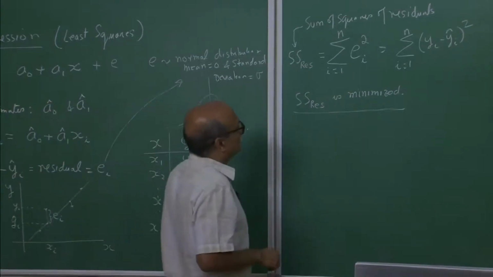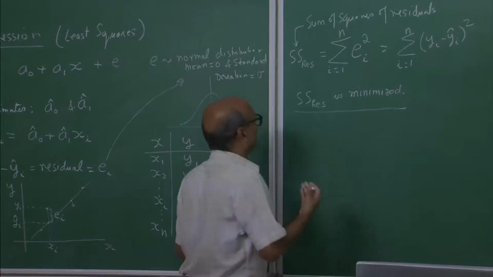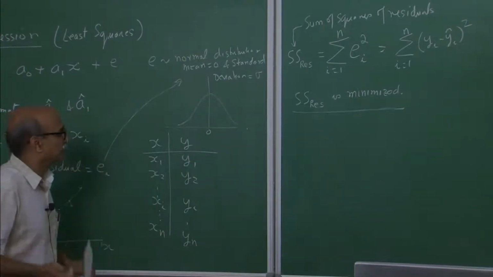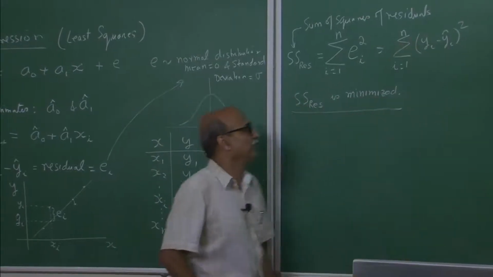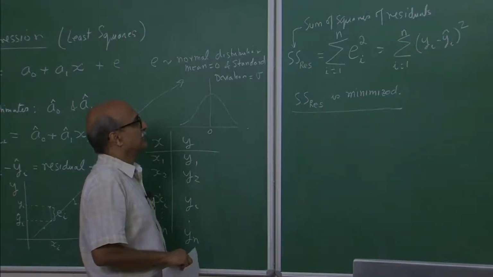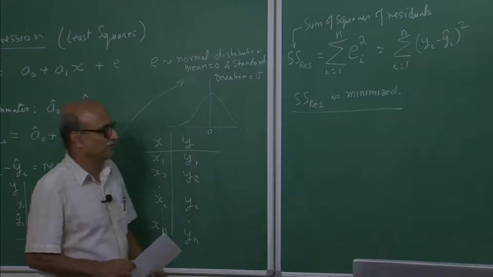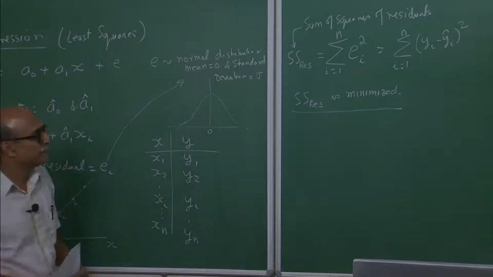So, how do we do this? Well, SS residual is a function of all of this. So, we need to minimize it by taking certain derivatives and setting them to 0.